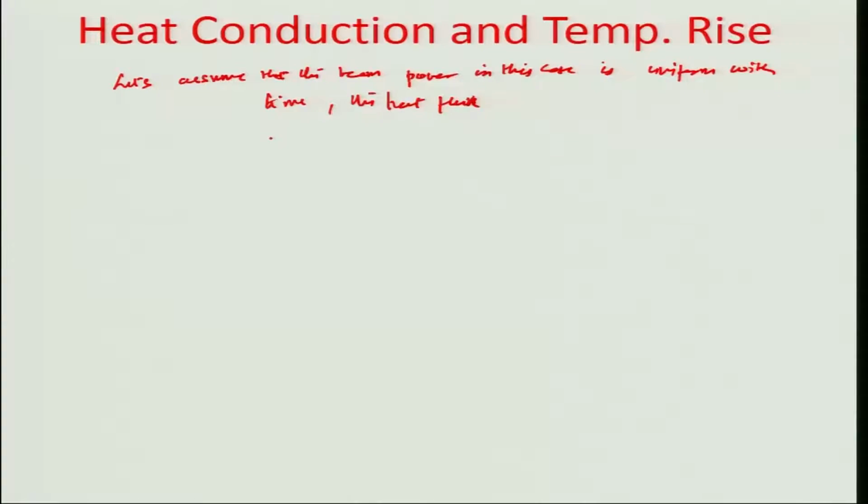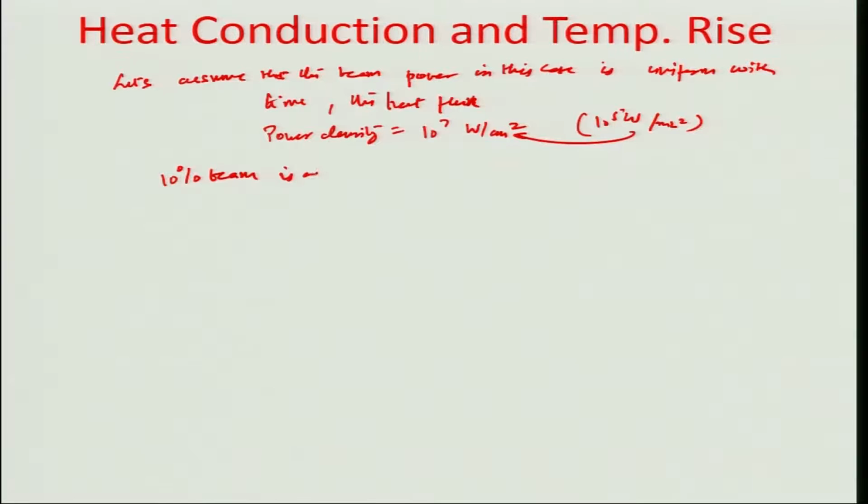As the question says, the power density in this particular case of the laser beam is about 10 to the power of 7 watt per centimeter square, that is 10 to the power 5 watt per millimeter square. I'm just converting the units here. The coupling is only to an extent of about 10%, because as mentioned, only 10% of the beam is absorbed, and the remaining is reflected.